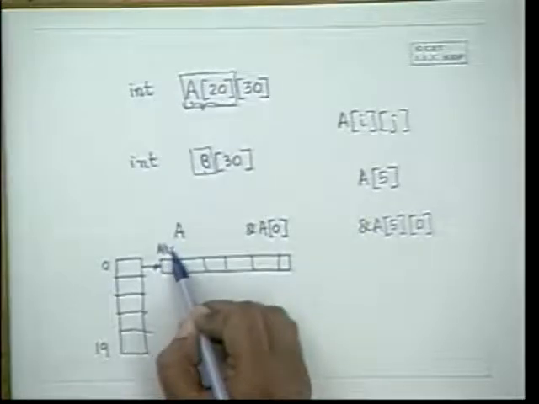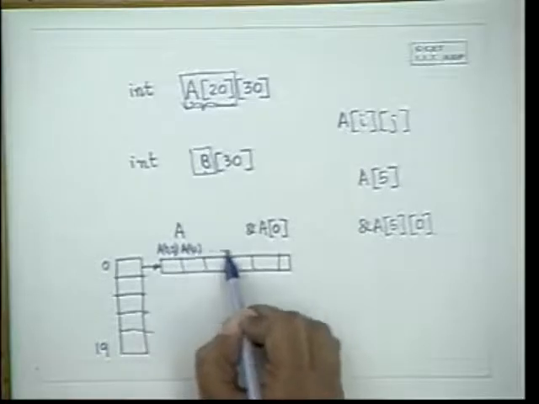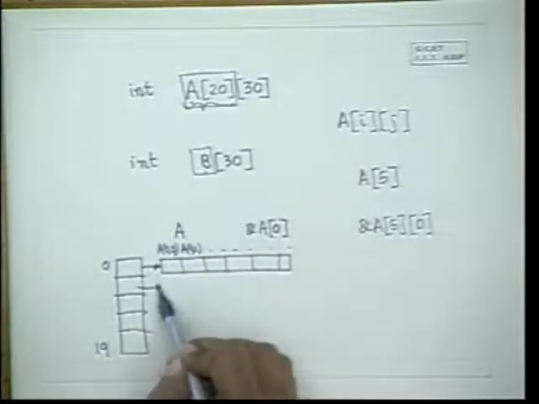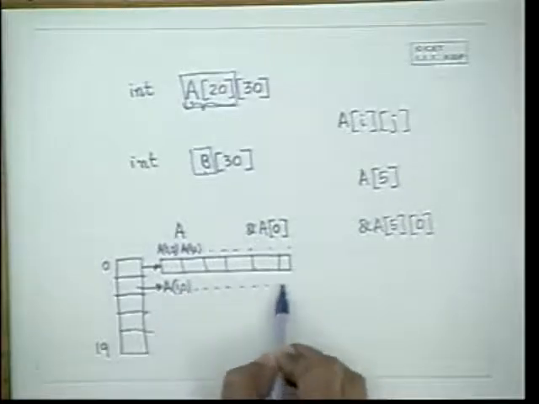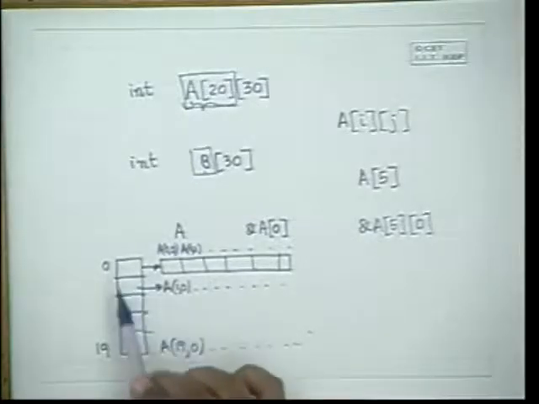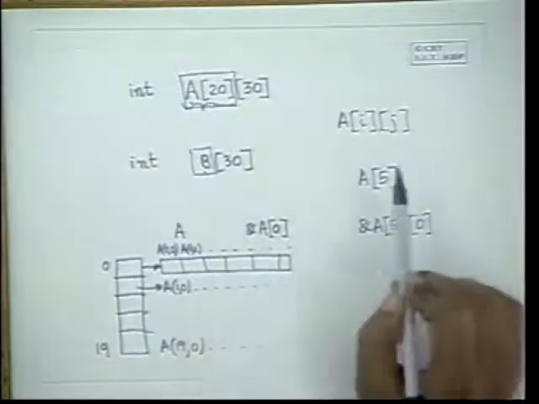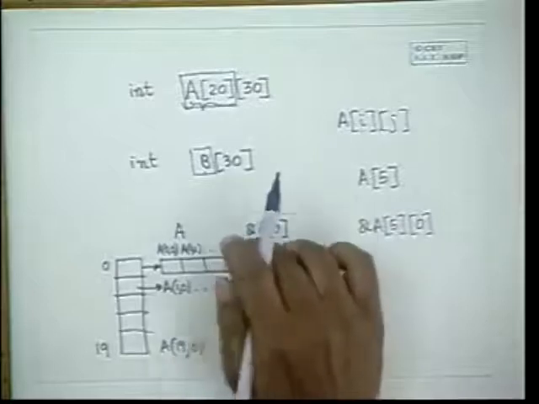A[0][0], A[0][1], and so on. A[1][0] and so on. A[19] and so on. This is one point. That is, A[5] is an address.